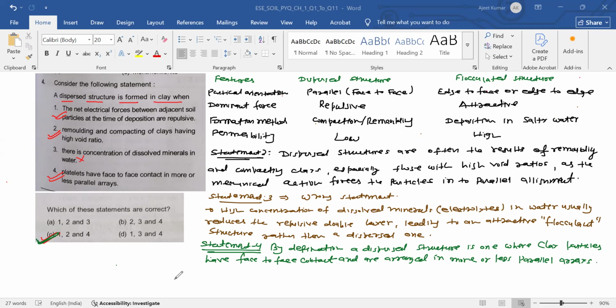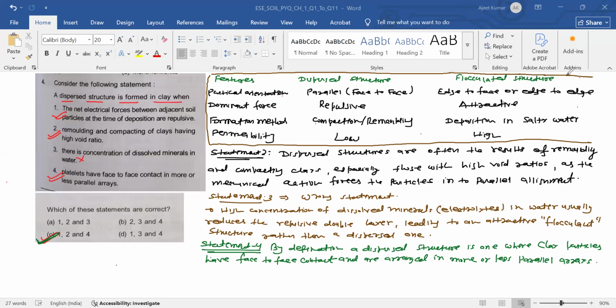This table is very important, so remember it. It is a very easy table, you can remember it easily. So this is all about question number 4. The answer will be C.